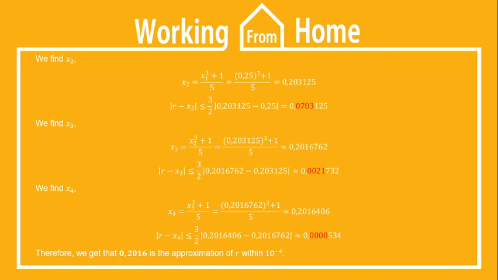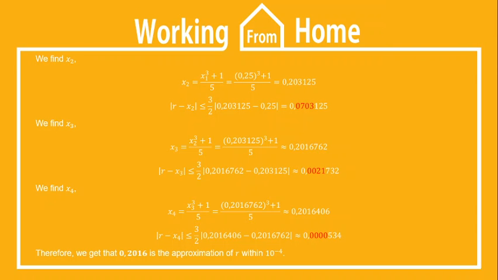And we calculate the absolute value of r minus x2, which is less than or equal to 3/2 times the absolute value of 0.203125 minus 0.25, and we get 0.0703125. Why I read 0703, I will describe later.